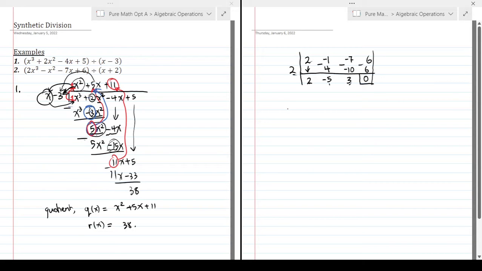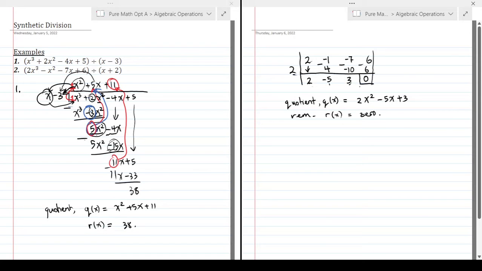So my quotient here now, and I have 3 numbers, 3 coefficients, so it has to be quadratic. My quotient is 2x squared minus 5x plus 3, and my remainder is, well, 0.